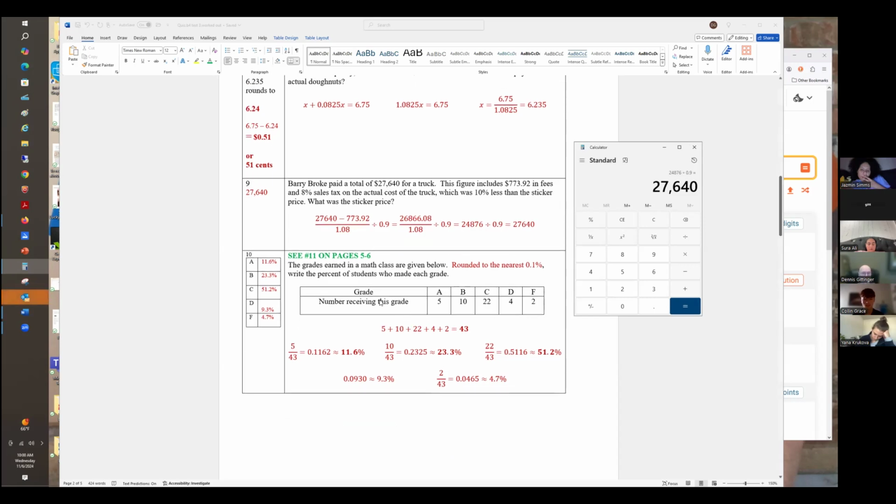Reminding you on number 10, this is almost exactly the same problem. On page 5, the problem 11, the B's were 12 and the C's were 20. That's the only difference. So the A's and the D's and the F's. And I have called y'all's attention to problem page 5 and 6, number 11, several times.